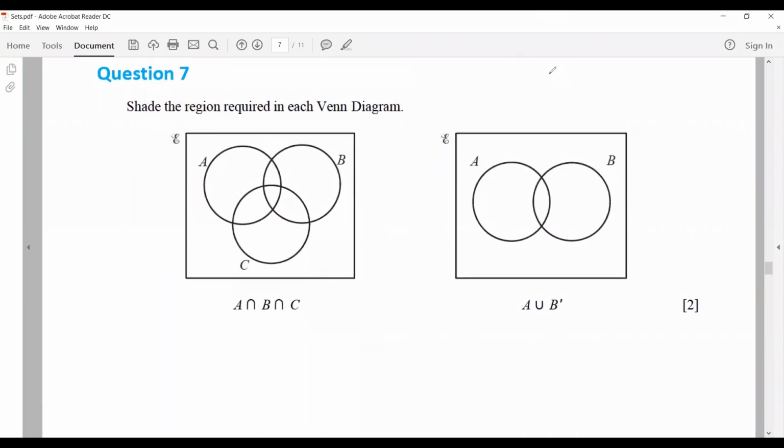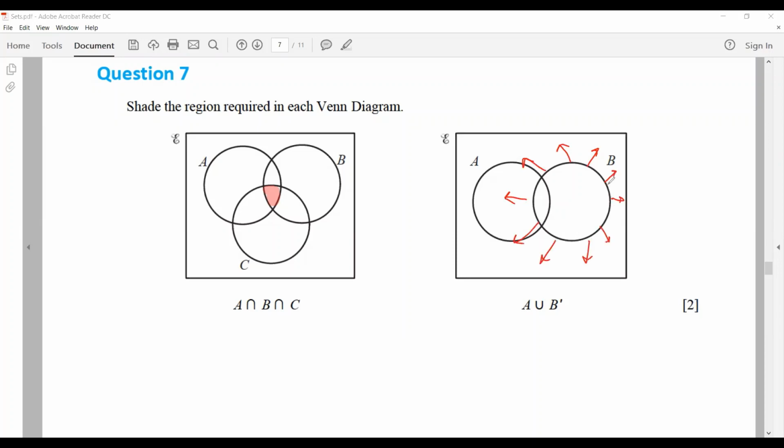Shade the region required in each Venn diagram. I think it's very straightforward. The only region where all these three are overlapping is this region. The next one, A union B complement. So B complement is anything outside B, right?